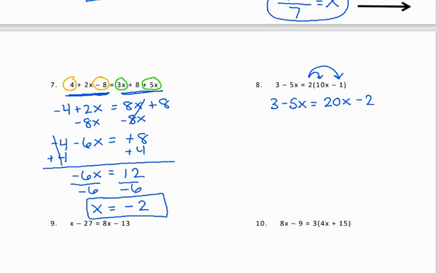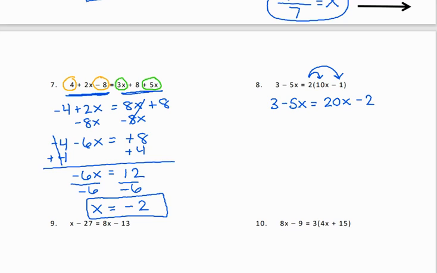Are there any like terms? So I'm just going to underline. Tell me right here what I underlined. Can I put those together? No. One has an x and one doesn't. So I'm not going to do that. Can I, on the other side, can I put what I'm underlining here? Can I put those together? No. So since there's no like terms, I now move from side to side.